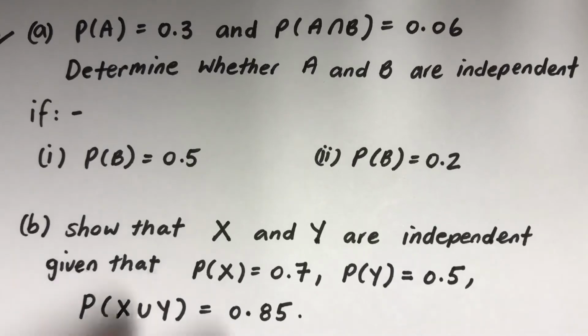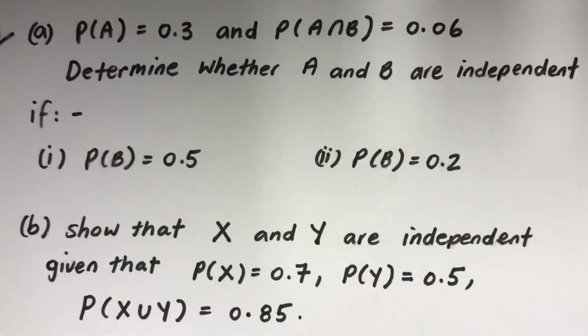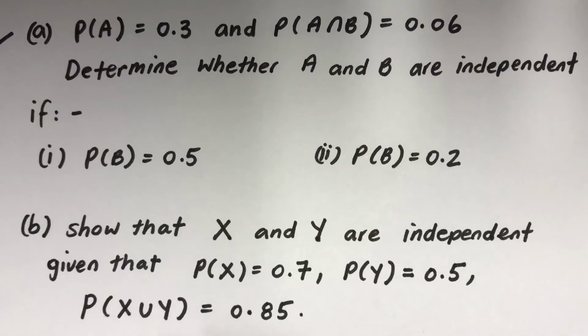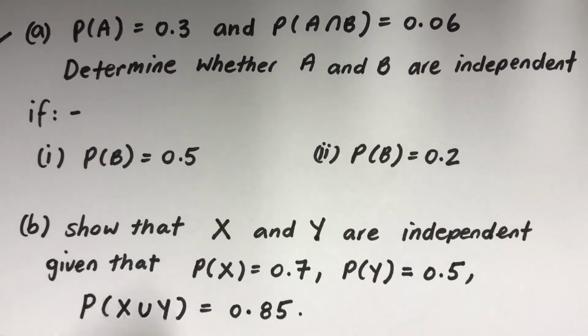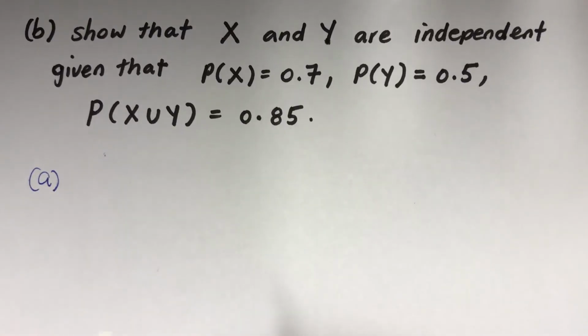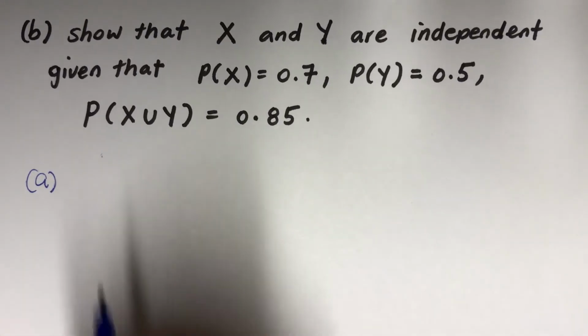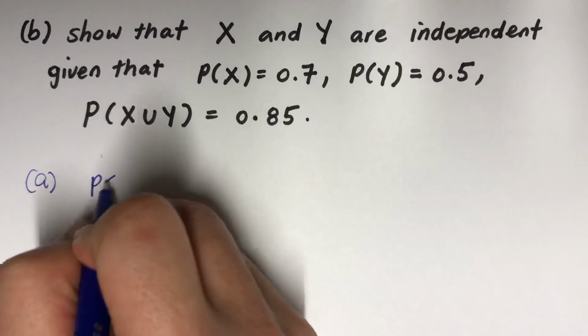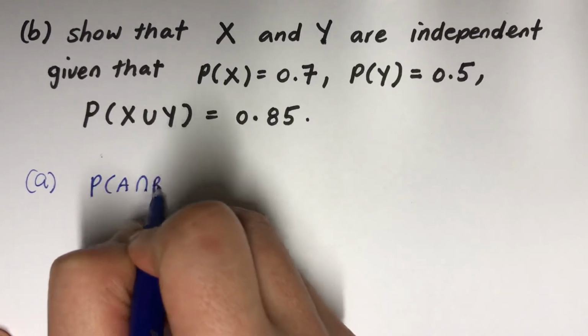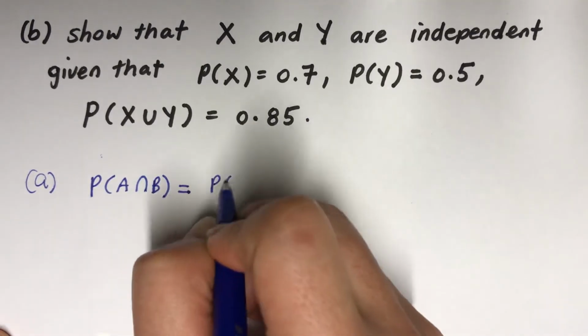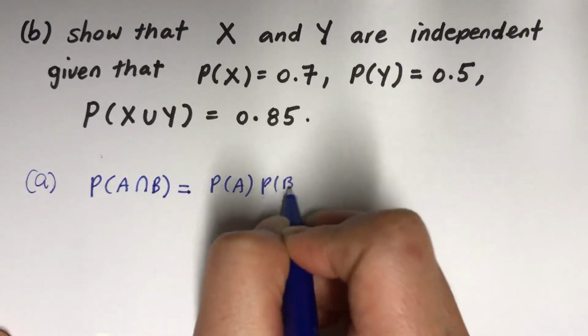Okay, so let's have a look. For independent events, the product rule is, so I'm going to go A intersect B equals P(A) times P(B).